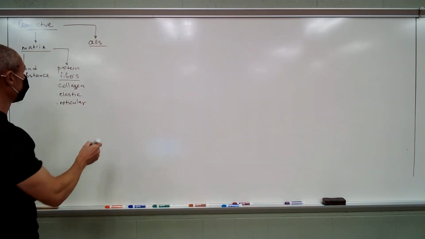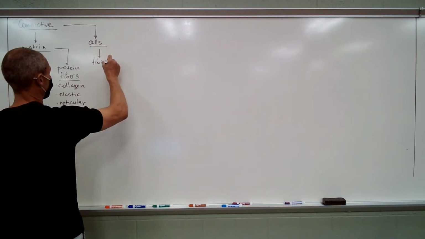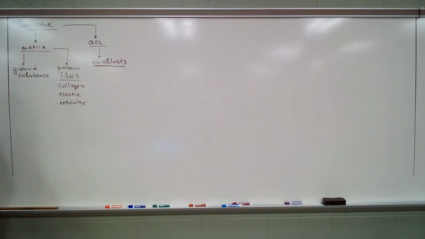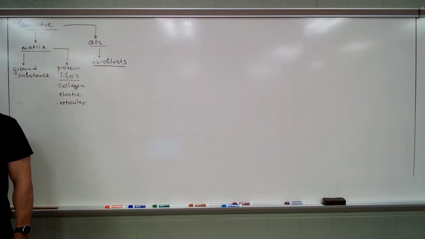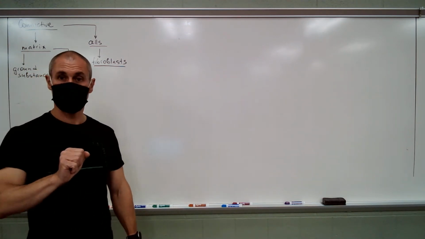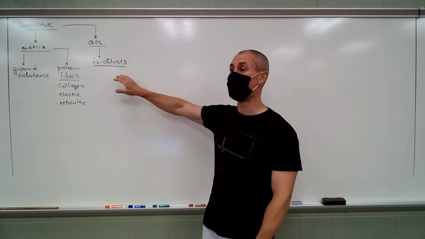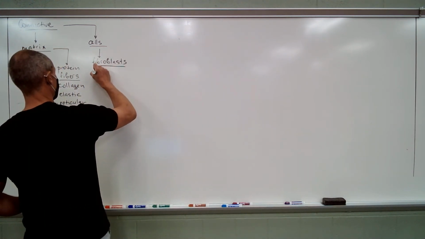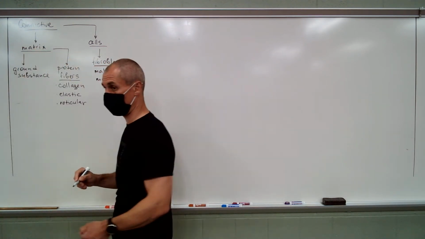Now, cells. We've got several here. So first and foremost, we've got fibroblasts. That's the main one, again, we're talking about a connective tissue. Does that make sense? There are some more specialized connective tissues that will contain very special cells, not fibroblasts. They're going to be named slightly differently. What fibroblasts do, they make matrix. They produce matrix.